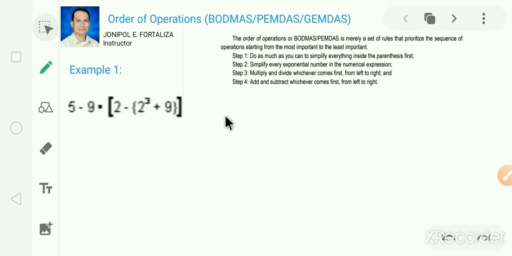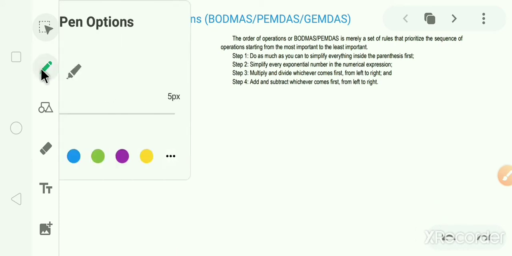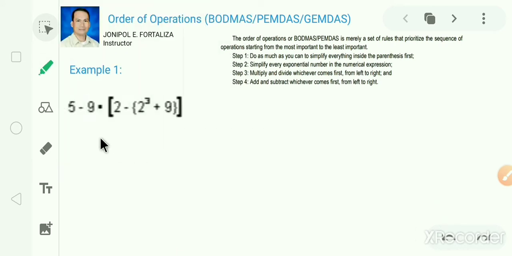Okay, looking at example number 1. If we are going to read this expression, this is 5 minus 9 times, this symbol is a multiplication symbol, but suppose this should be a circular one.